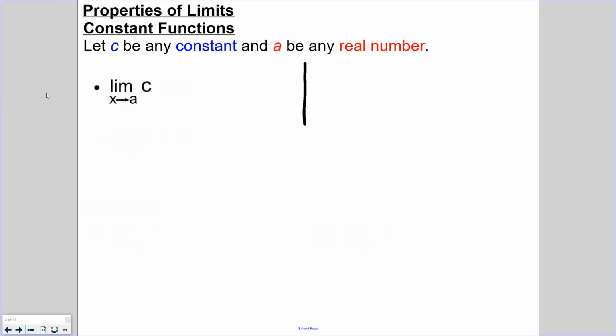And to help me demonstrate that, we're just going to look at a constant function. So let's just come in here and we can draw a constant function. Let's just call this function y equals 2. And here's the great thing about a constant function, is that the height of the function is constant. It's the same.